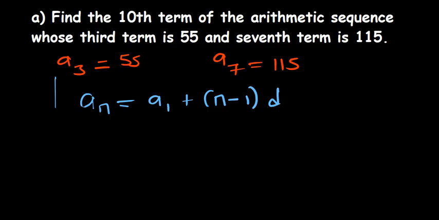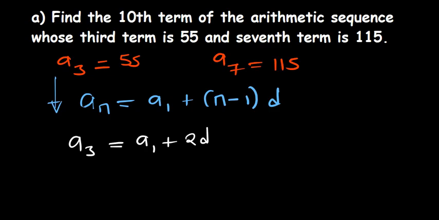Okay, so if I look at the third term, let's come up with a formula based on that. If we substitute here, a3 is going to be the first term, which we don't know, plus, n is 3, so 3 minus 1, which is just 2, multiplied by d.